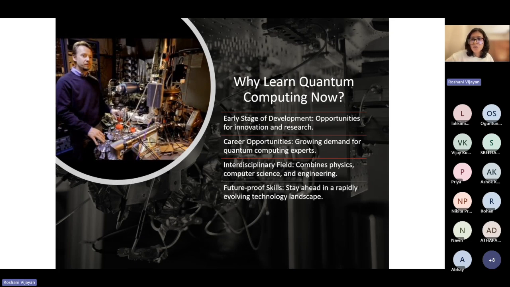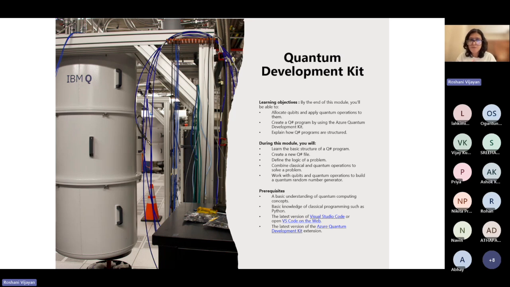Now let's move on to the Quantum Development Kit. This is basically a course that you can participate in. I'm going to give you more information on this, but here you're going to learn how to create a Q-Sharp program using the Azure Quantum Development Kit.